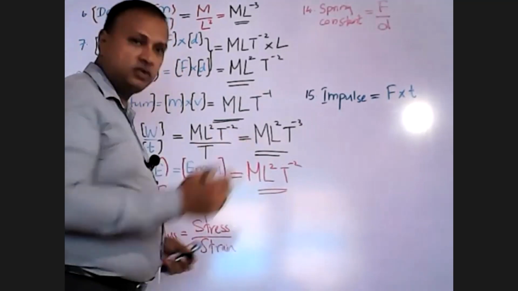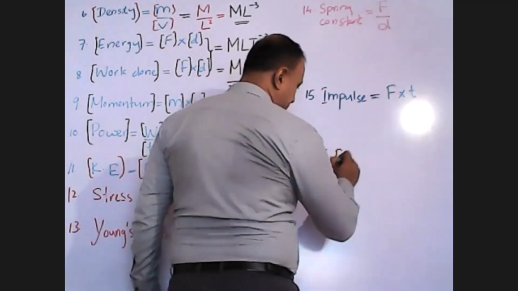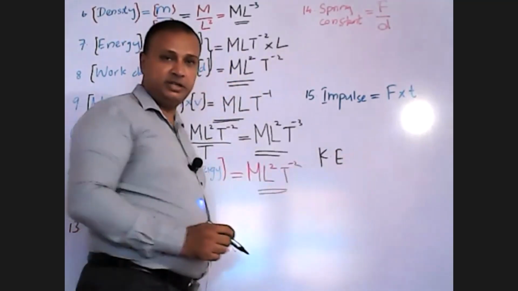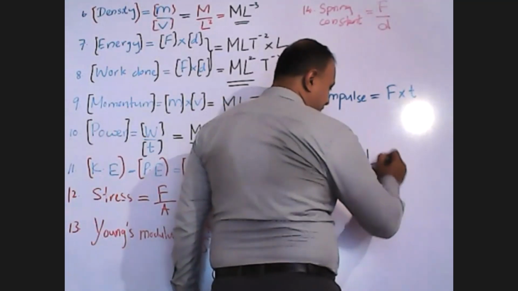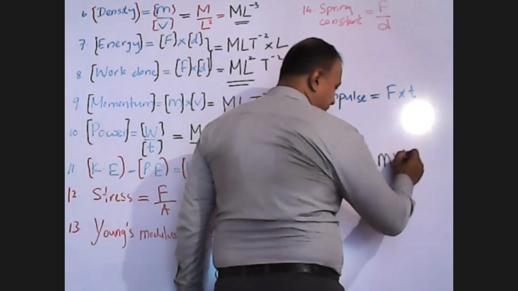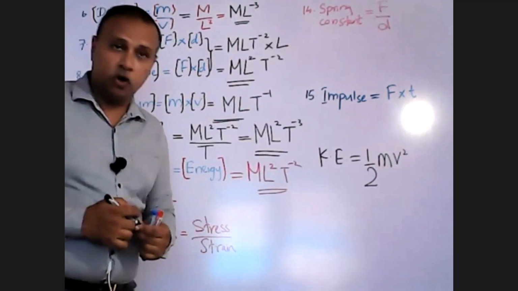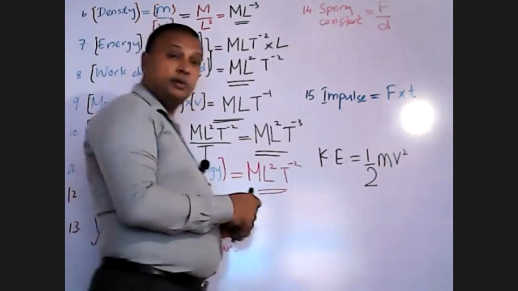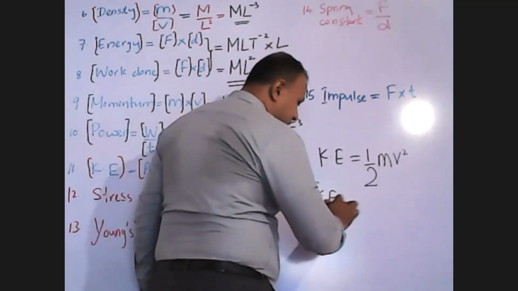Okay, we can write this one. Kinetic energy is equal to half mv squared. So, if you want to determine the dimension of kinetic energy, we can apply this.